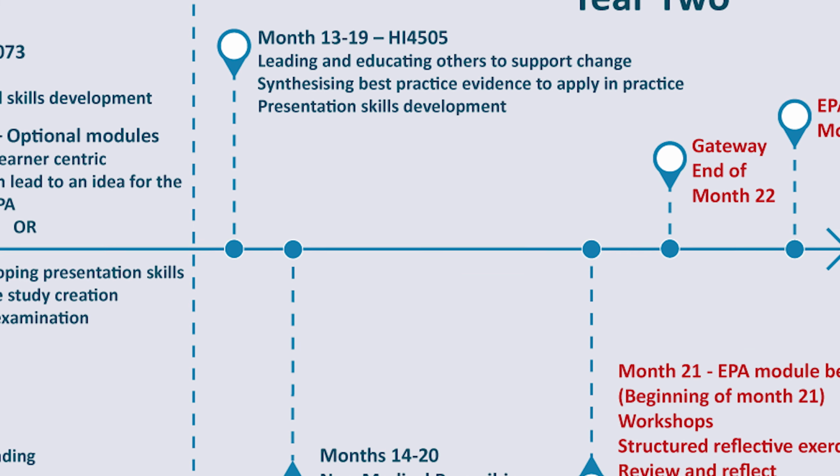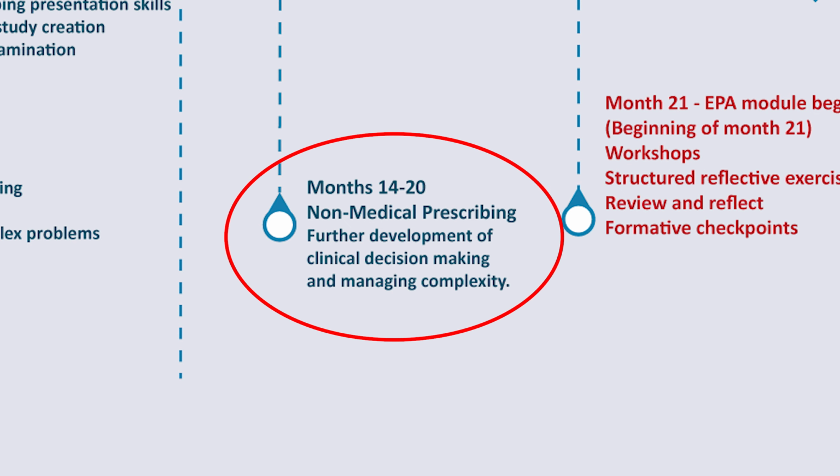Here I'm including the module non-medical prescribing, whilst acknowledging that this is an optional module within this program. It's included as an optional module because not all professionals are able to undertake non-medical prescribing currently.